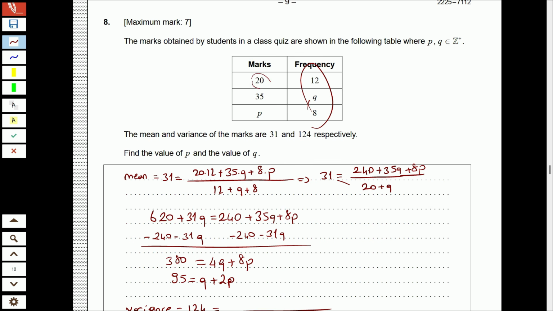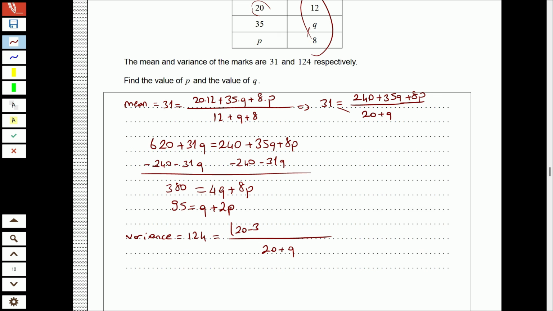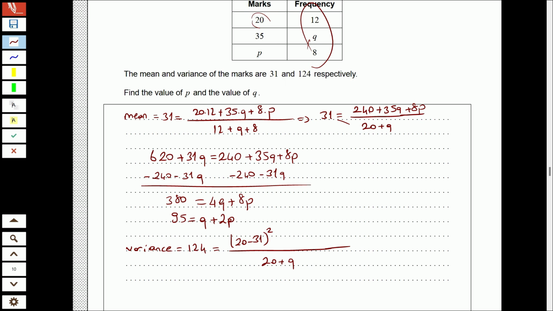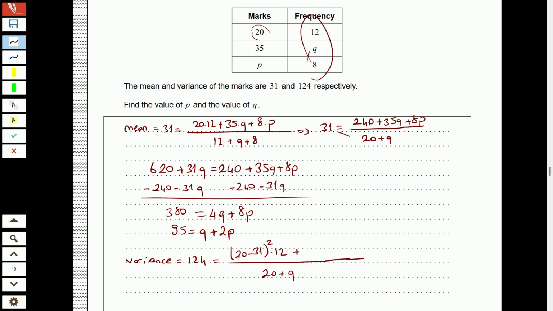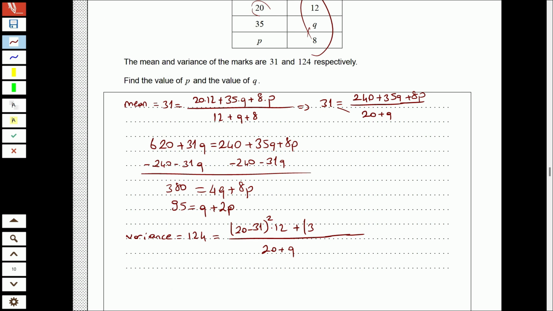For example, if the mark is 20, the distance from the mean is 20 minus 31, and we take the square of this number, and we multiply it by 12, the frequency of these students. For the students who got 35, the distance from the mean is 35 minus 31, and the square of it times the frequency.